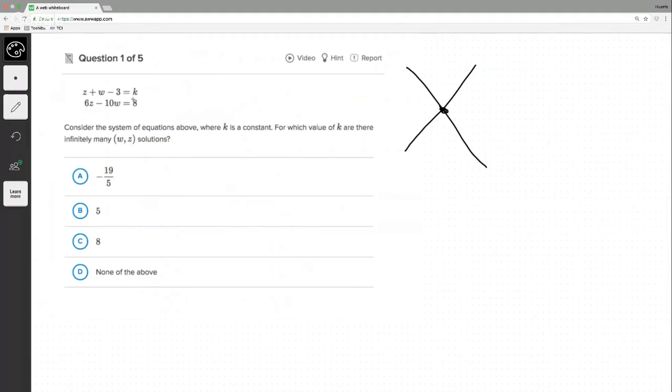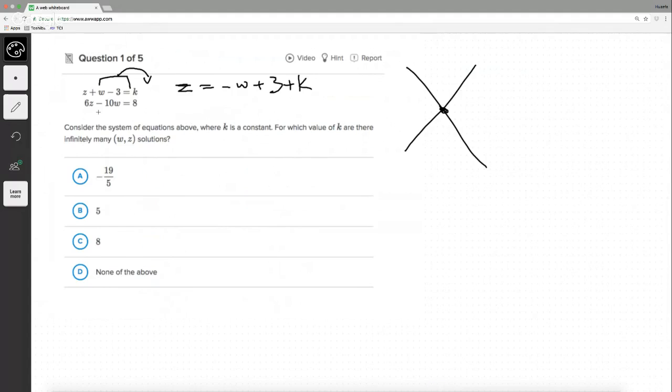Let's even pretend we're going to isolate z. The first equation would be z equals negative w plus 3 plus k. I just moved these two terms to the right side: I subtracted w and I added 3. Now let's look at the second one, 6z minus 10w.